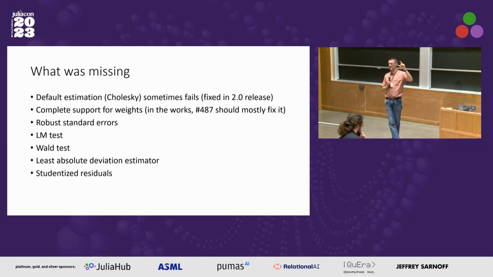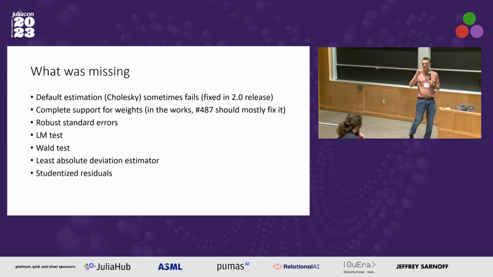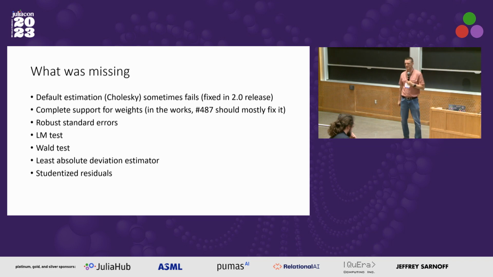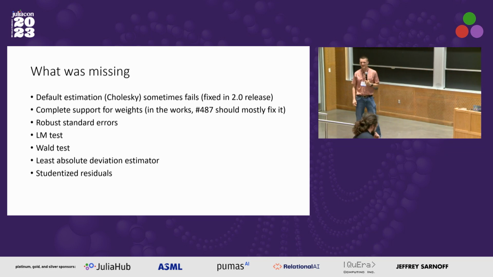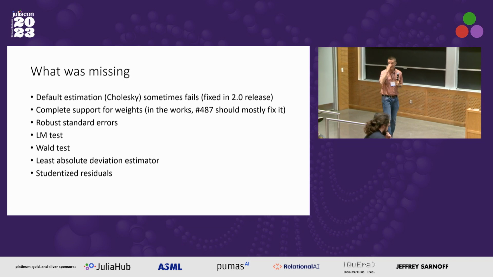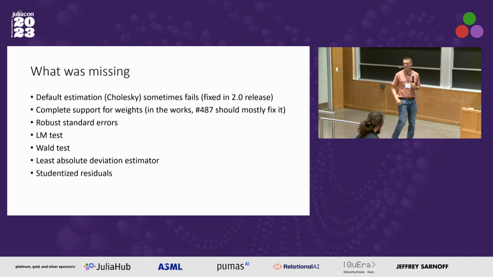near multicollinearity will lead to dropping variables. So if you have two variables that are super highly correlated, but are actually not like one is scaled as the other, with Cholesky decomposition, if the relationship is really close, you will get it dropped. With the new option in 2.0 release, near multicollinearity is not treated as multicollinearity.